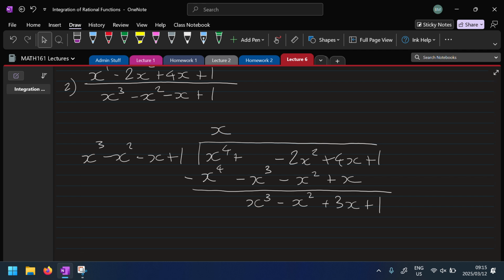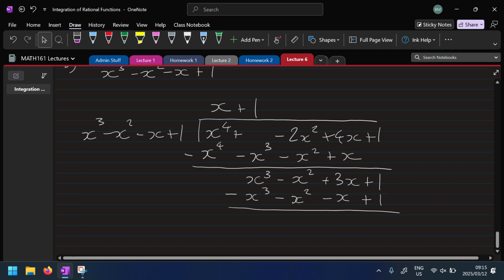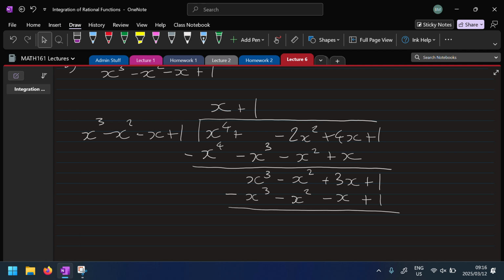We've done one step of that, and we do it again. So x cubed divided by x cubed, that's 1. And then we multiply. So 1 times that, we're just going to rewrite it. So that's going to be x cubed minus x squared minus x plus 1. And we subtract that. x cubed minus x cubed, that goes away.